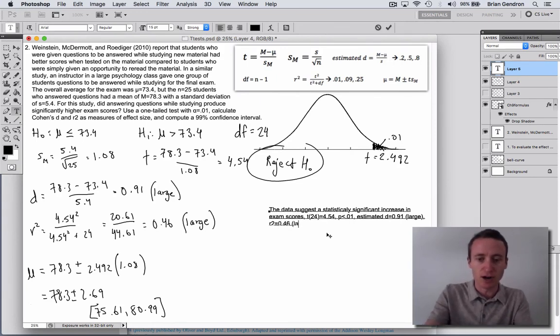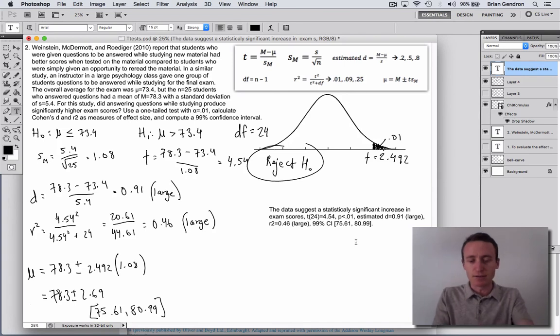We could also say large there. And then finally, 99% CI, which is confidence interval. I'm going to put these brackets, 75.61 and 80.99. All right, so there you have it. That is the conclusion statement for this problem, as it might appear in a published document.